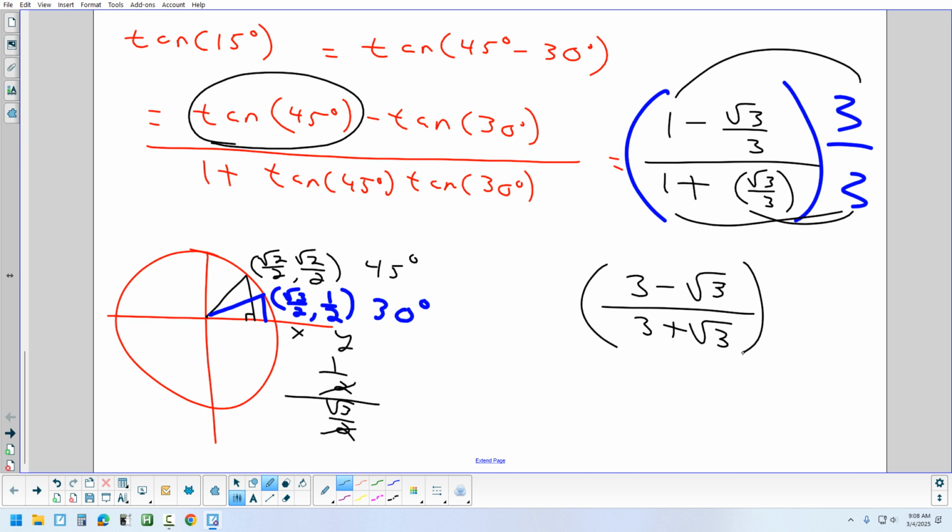Tell me what you would actually use for numbers. Like, what would you do? Multiply the top and bottom by 3 plus root 3. Okay, no, not 3 plus root 3. Yep. 3 minus root 3. You want to multiply top and bottom by 3 minus root 3. And does anybody remember what that's called?